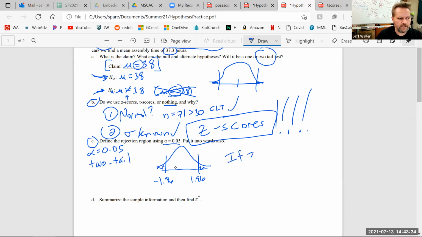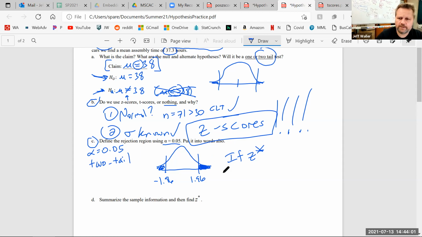So if Z star, how do I get into the rejection region? Now it's in 2 places here. If my Z star is how related to 1.96? Greater than, less than, equal to, how do I get in here?